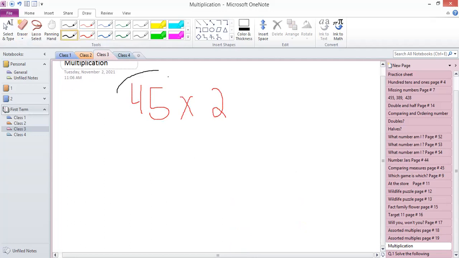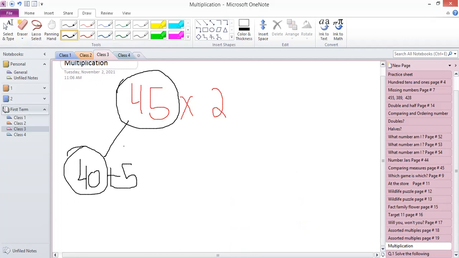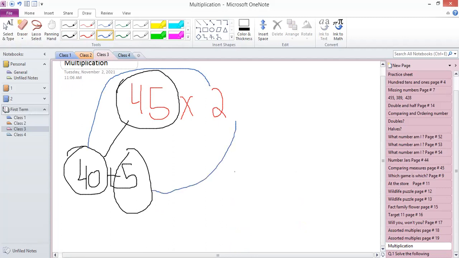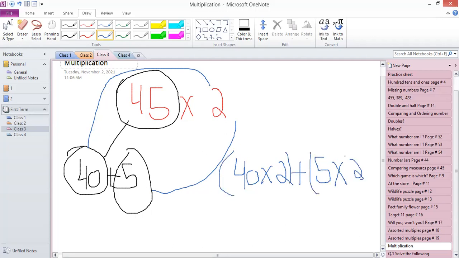So I will break 45 into 40 plus 5, and one by one I will multiply this by 2. 40 by 2 plus 5 by 2. 40 by 2 is equal to what?